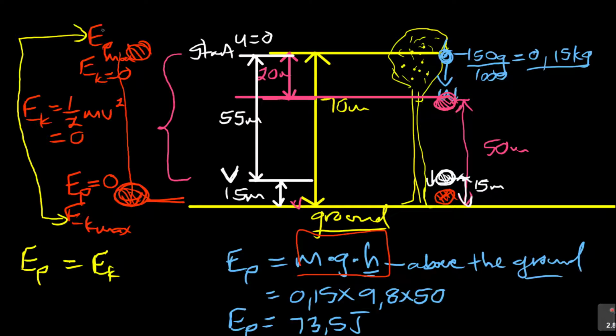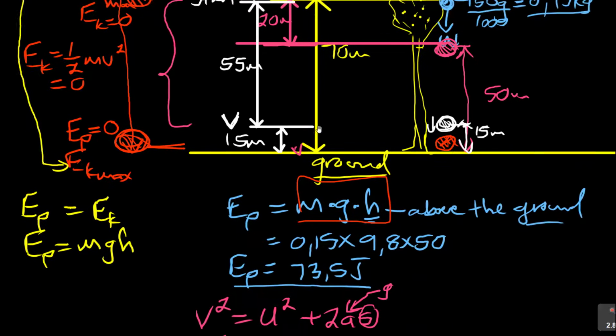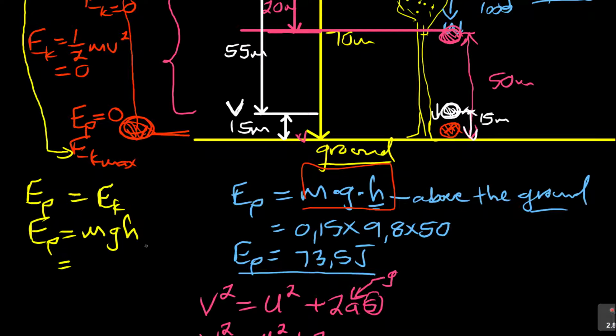Now at the top, we know what EP is. Remember we use that formula to say at the top, EP is equal to mgh. Are you with me? So now what is the mass? They say the mass, remember that we use 0.15. And then what is the gravity? 9.8.